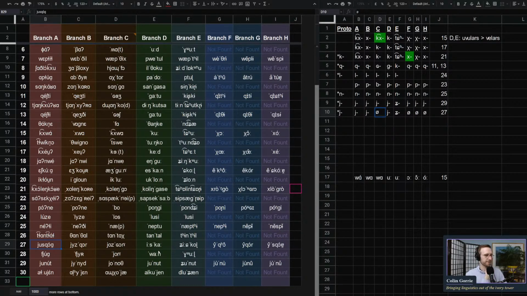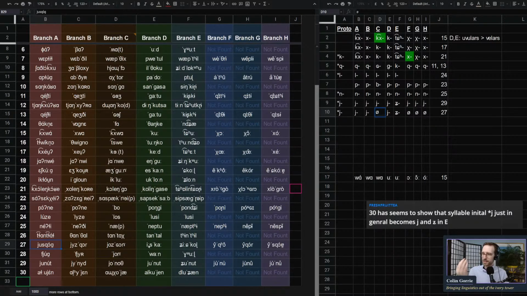My instinct is to hypothesize a proto U, like yod and oo, and then we have some sort of a vowel shift going from U to ye, and then ye turns into E, something like that.